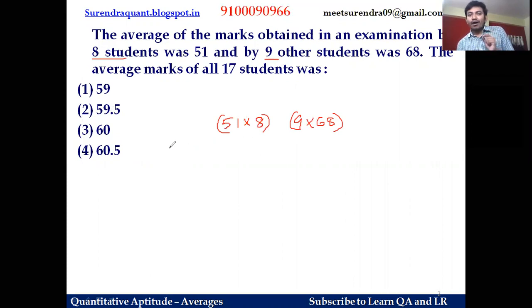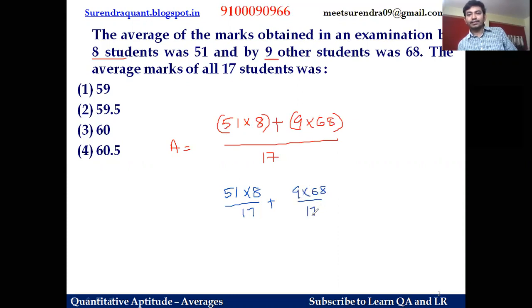So average mark of all 17 students equals sum of marks of all 17 students by the number of students, that is 17. Now somebody may worry about the simplification part. So guys, don't multiply these two and these two. Split the term. We can split this term as 51 into 8 by 17 plus 9 into 68 by 17.